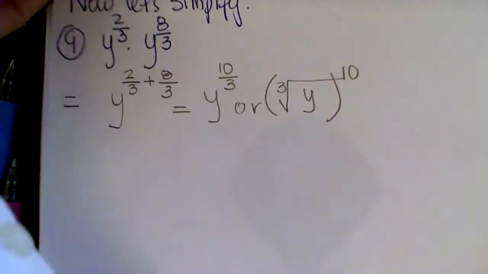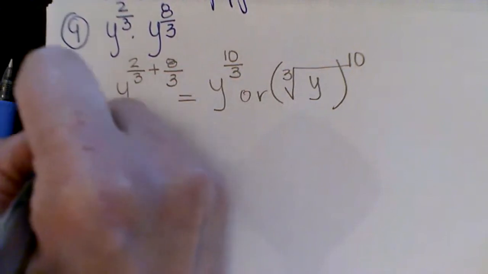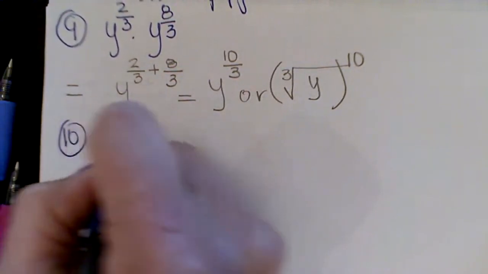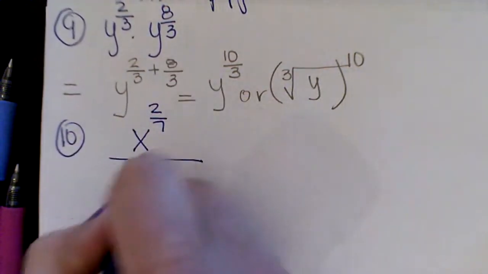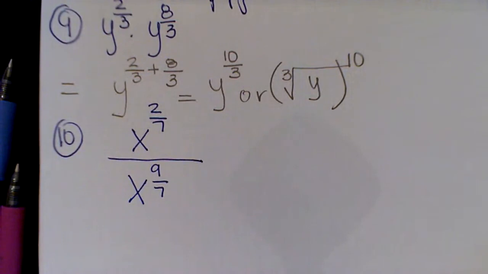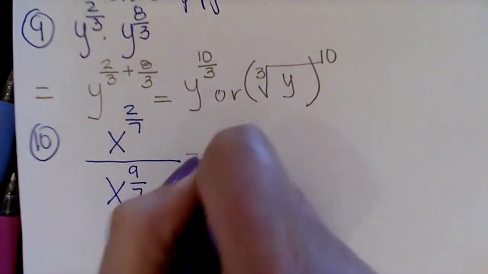Now let's do the next one. We're just simplifying. So we have x to the 2 over 7 and x to the 9 over 7. So this is equal to what?